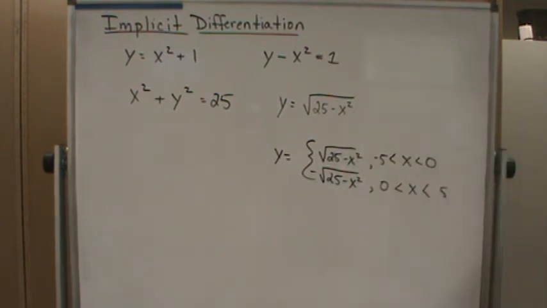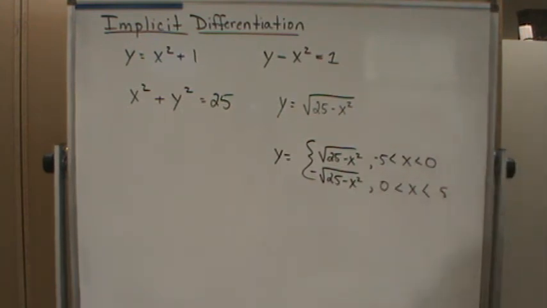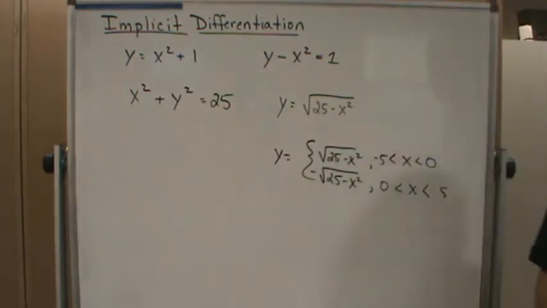On the other hand, if we want the slope of the tangent line at the point (3, negative 4), we could use the derivative of the other function. We could do that, but here's the thing: it's not always easy to solve for a function defined implicitly by an equation.